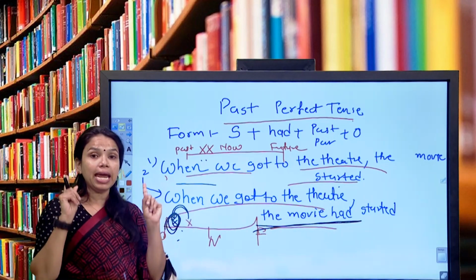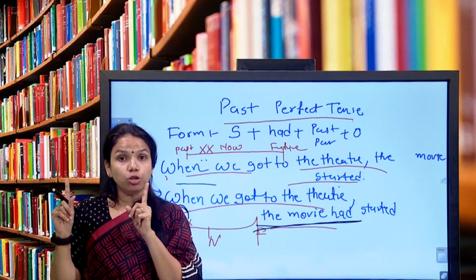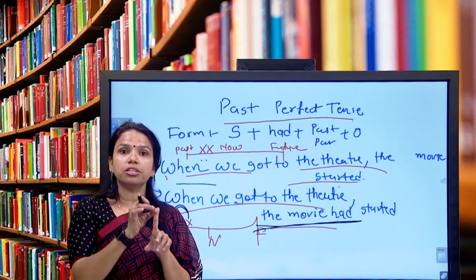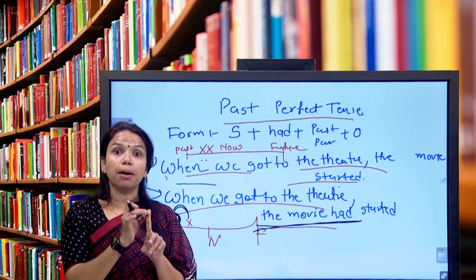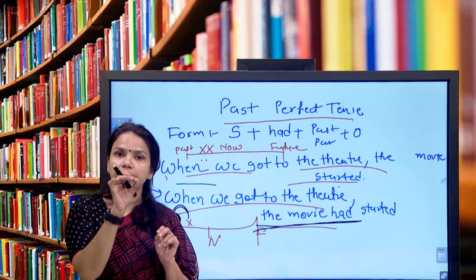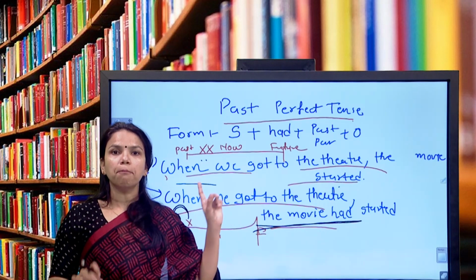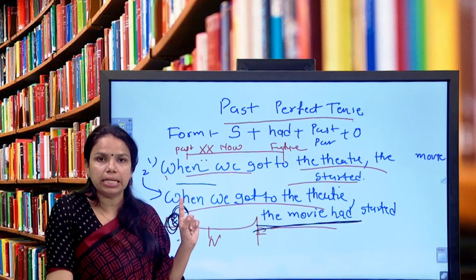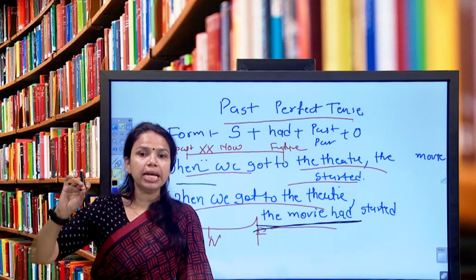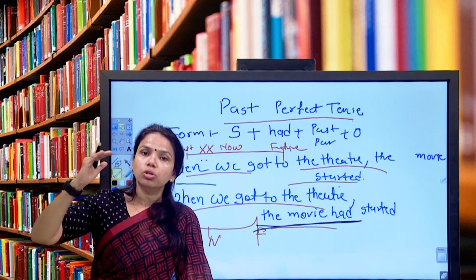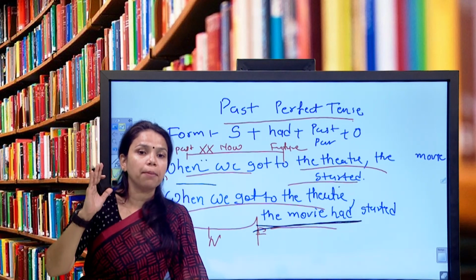So if in any sentence there are two actions, and one action is completed first, then in that particular sentence you have to use past perfect tense. When we got to the theater, the movie had started. The movie had already started, so this thing happened first.